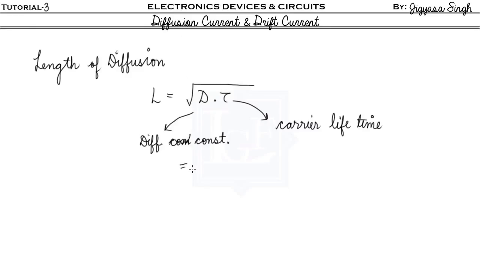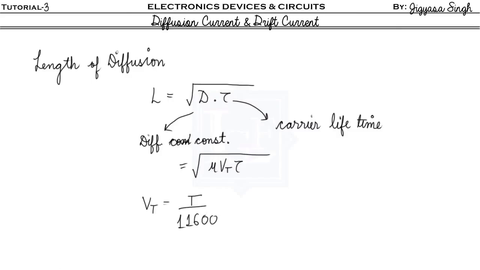So you can write it as mu into Vt into tau, because this was the formula for D. So now the length of diffusion, like we did in the last slide, depends on the diffusion constant, the carrier lifetime, the mobility of the charge carrier, and the temperature, because the formula for Vt, you remember, it was T upon 11600.